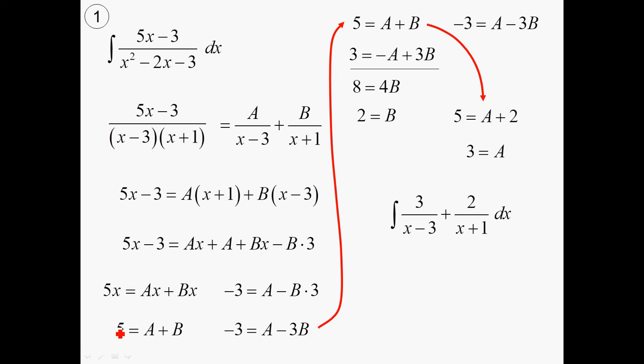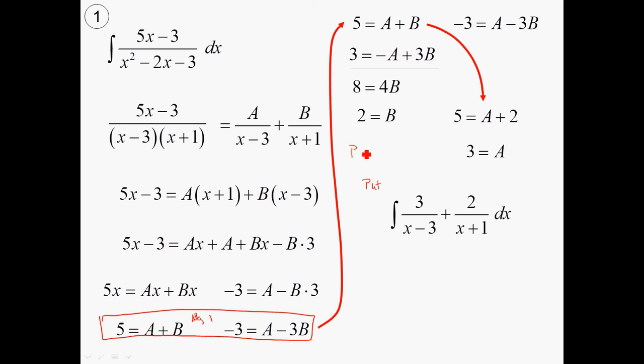Once I get here, when I have two equations with two unknowns, that's algebra 1. Well, at least algebra 1 when I took algebra 1, or when I used to teach algebra 1. Not anymore.